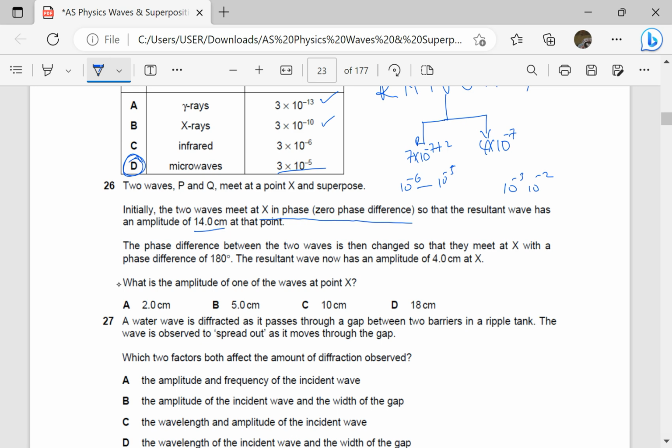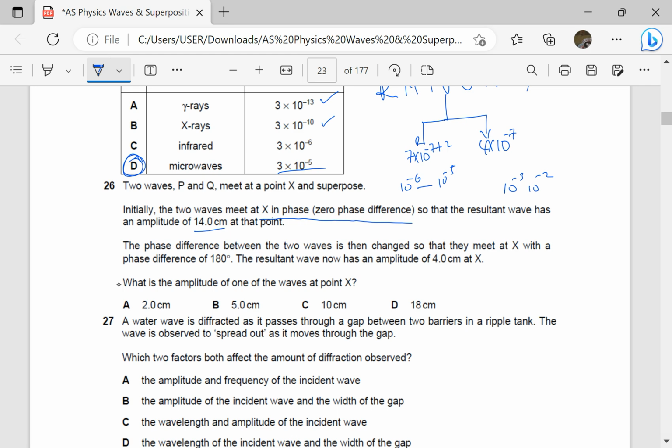So we expect a destructive interference at that point. The resultant wave now has an amplitude of 4 centimeters at X. What is the amplitude of one of the waves at point X?